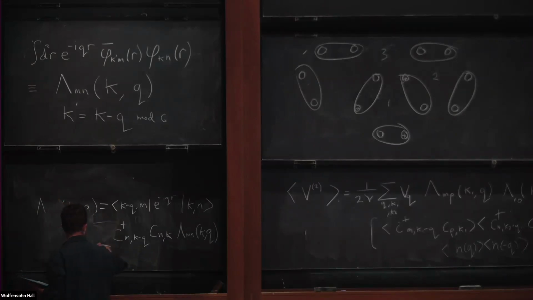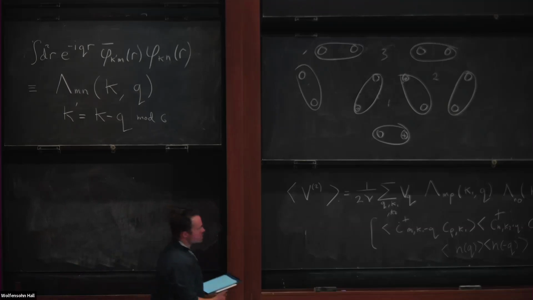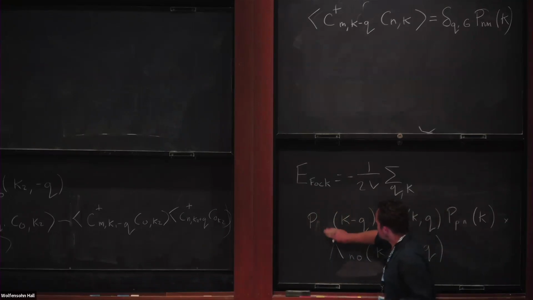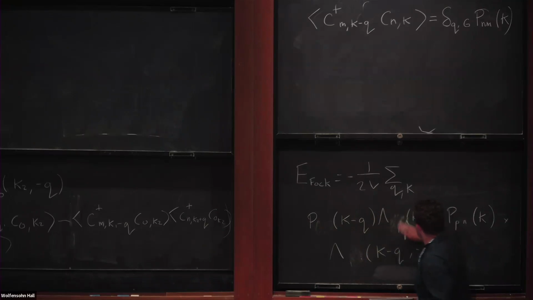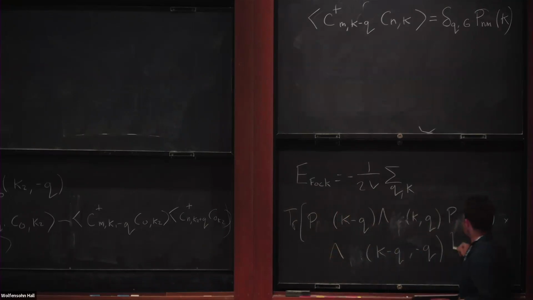So maybe I'll just say this in English. Let me make these indices implicit. So all of these are matrices in the band space. What I have here is a trace over the product of these four matrices.